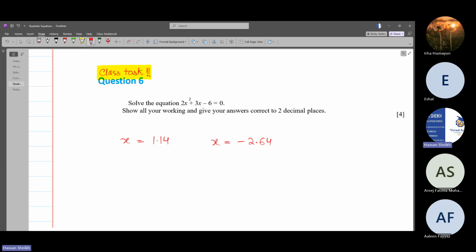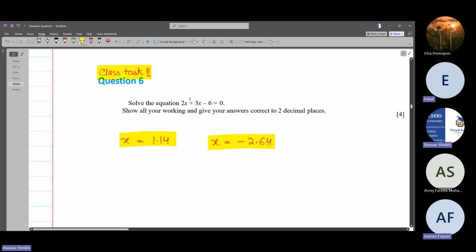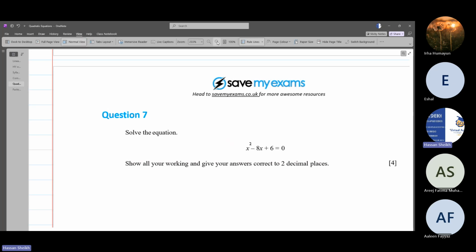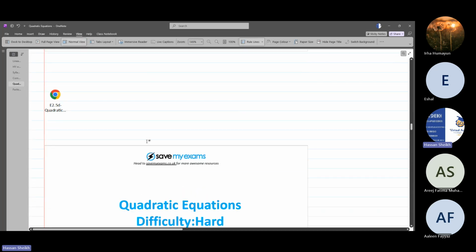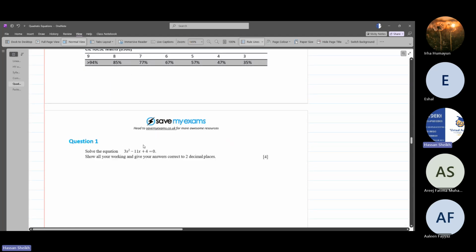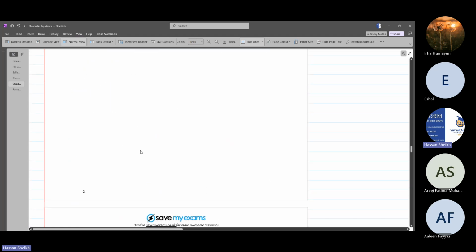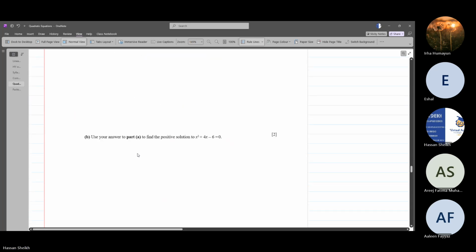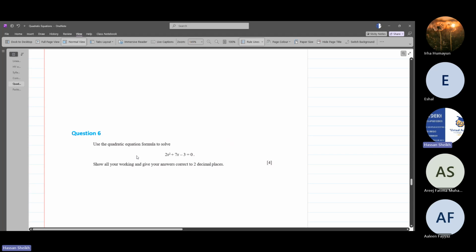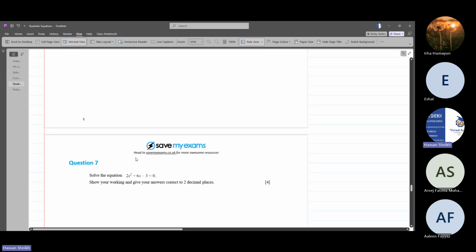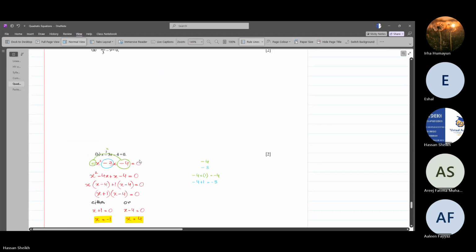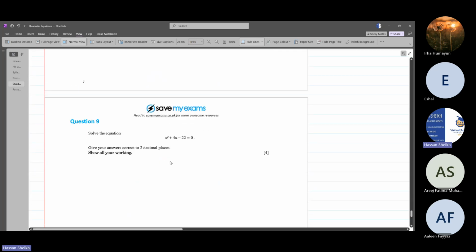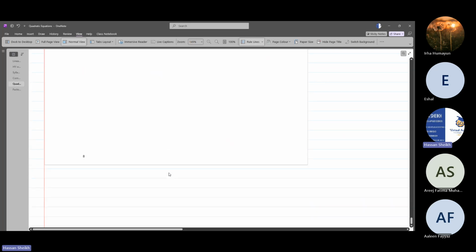Girls, any doubt? No, sir. So let me see if we have any complex kind of questions for the quadratic formula. We'll solve that one. We'll leave these. These are the simple ones. We just need to put these values in the formula. I'm looking for a bit different question that would give you a tougher one. These are all the same. Just A is 1, B is 4, C is minus 22.